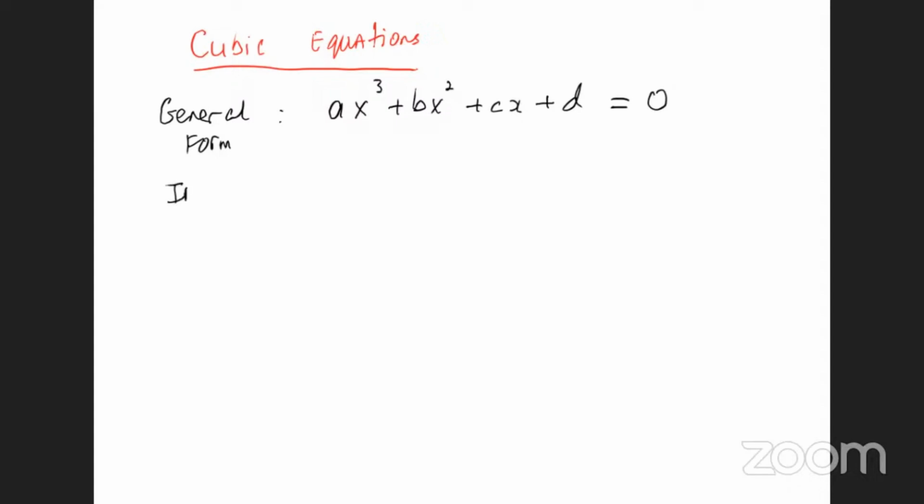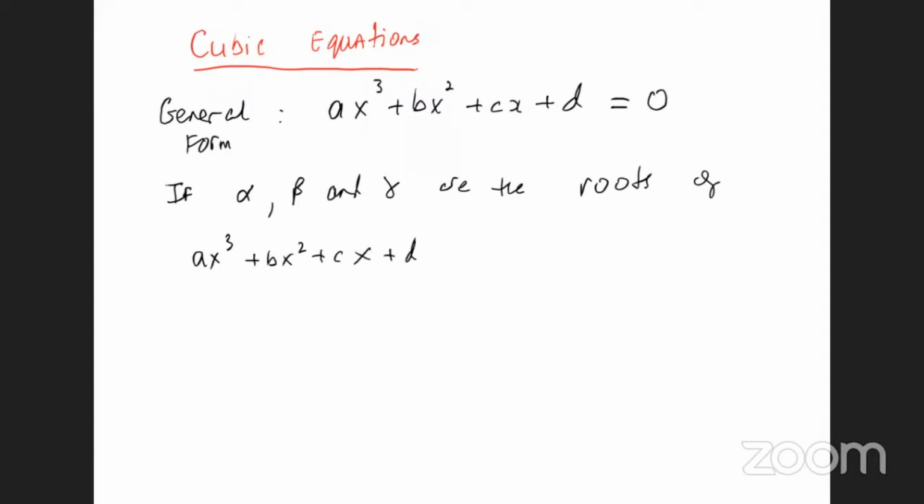And if alpha, beta, and gamma are the roots of it, then alpha plus beta plus gamma, that is called the sum of your roots. The sum of the roots is minus b on a. All right? Watch this here.